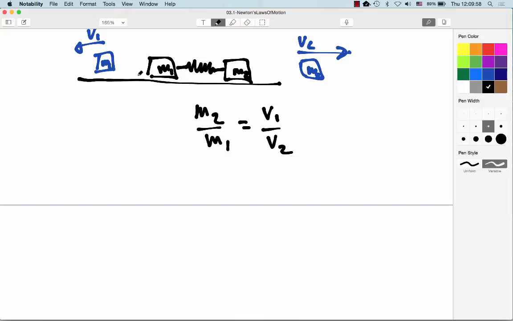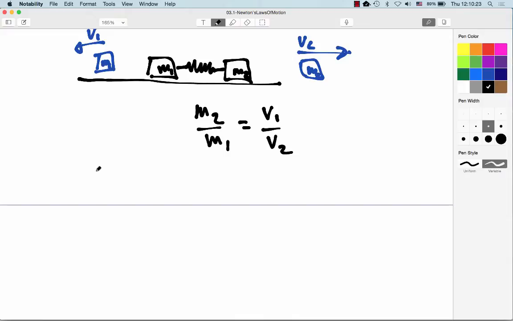Now, the reason why we're not totally happy with this is that it breaks down a bit in relativity. It turns out in relativity, it only really makes sense to compare masses when two things are in the same frame with respect to each other. In other words, they're at rest.